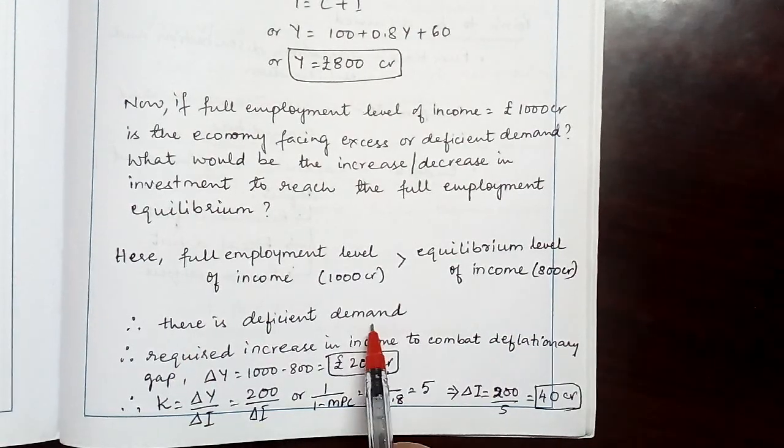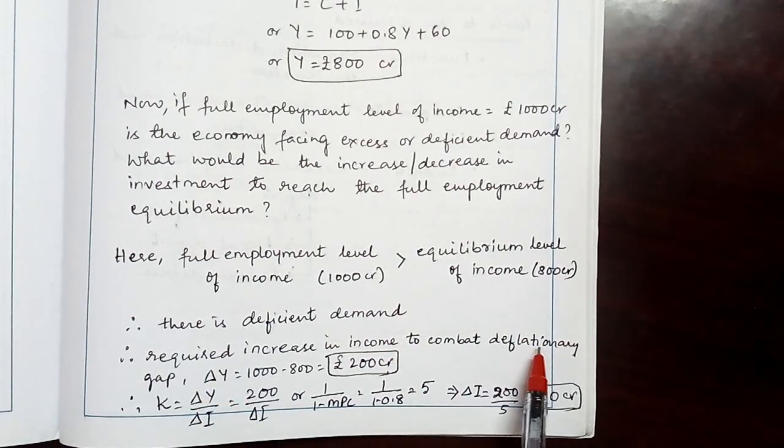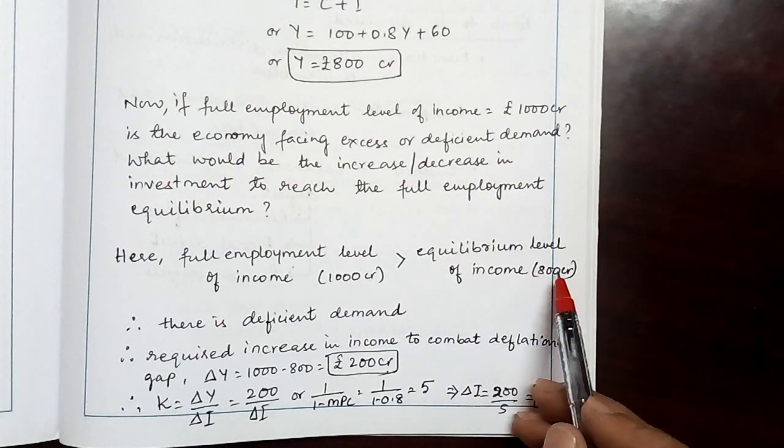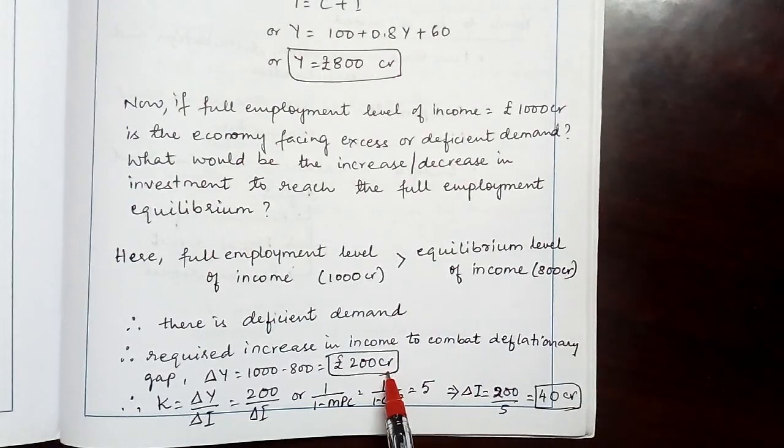So there is deficient demand. The required increase in income to combat the deflationary gap would be the change in income. What is the change in income? 1000 crore minus 800 crore, which is equal to 200 crore.